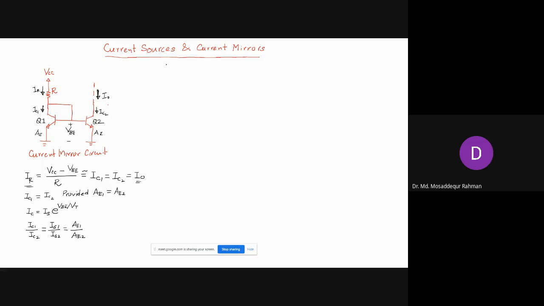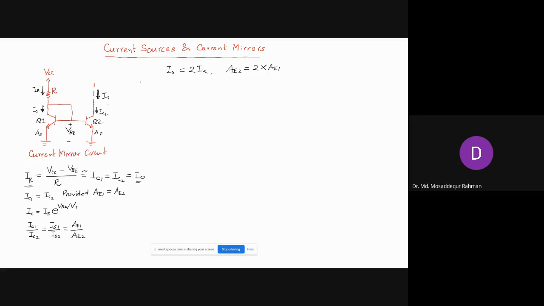If you want I naught to be twice our IR, the reference current, then the cross-sectional area of transistor 2 should be twice the cross-sectional area of transistor 1, AE1.